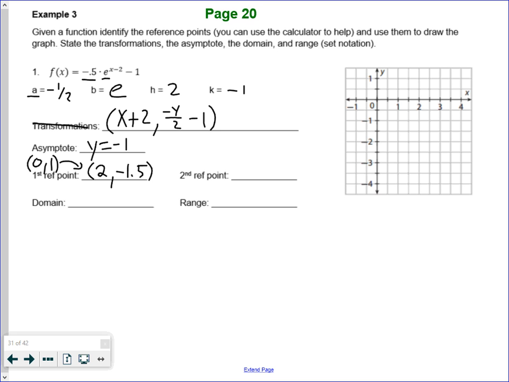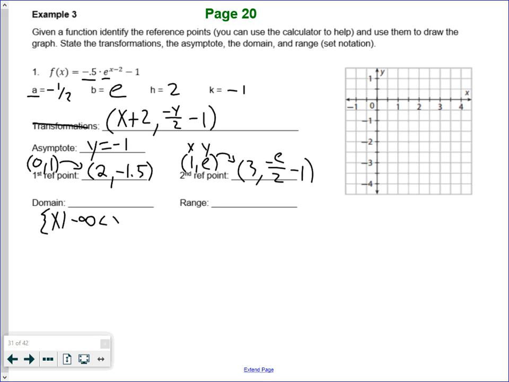Our second reference point is 1 comma e. We plug that into our transformation rule as well. And when we do, 1 plus 2, since our x is 1, we get 3. And since e is our y, we get -e/2 minus 1.